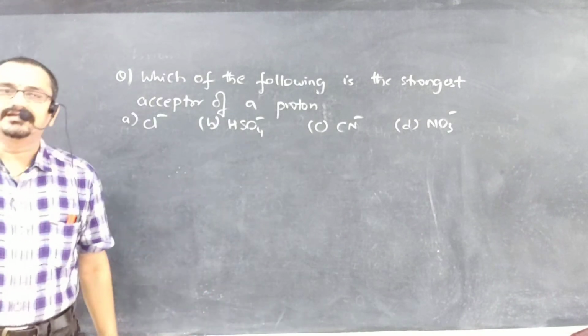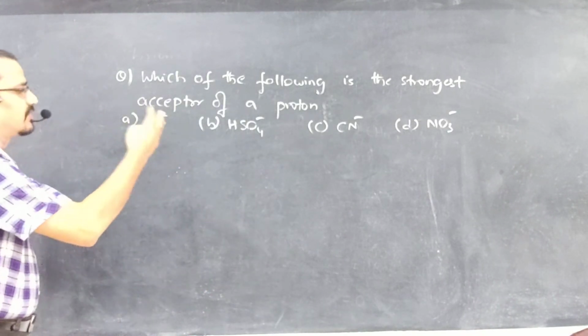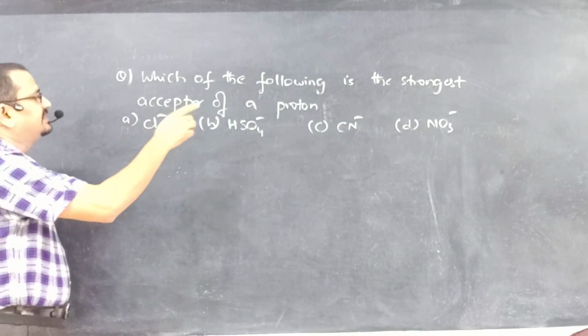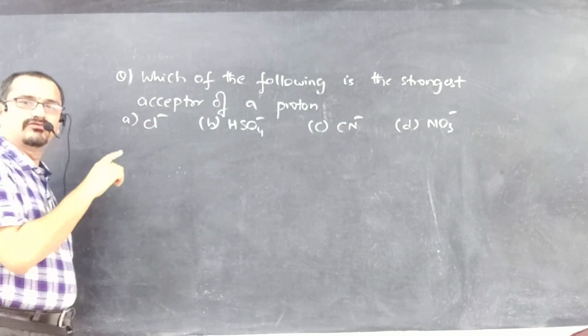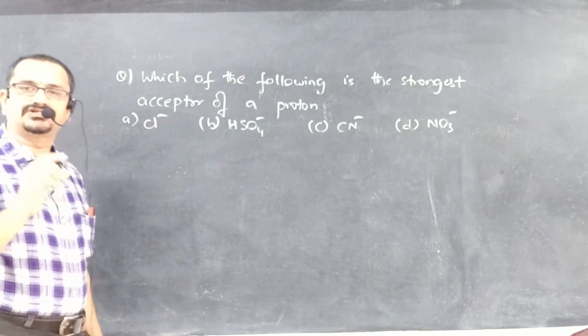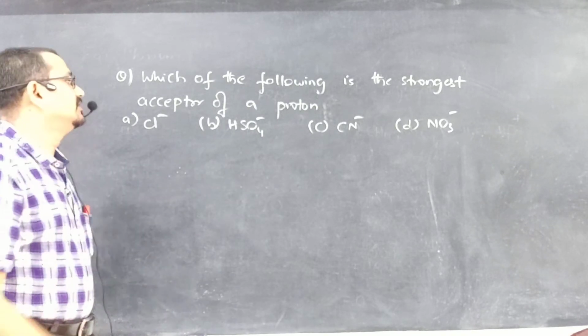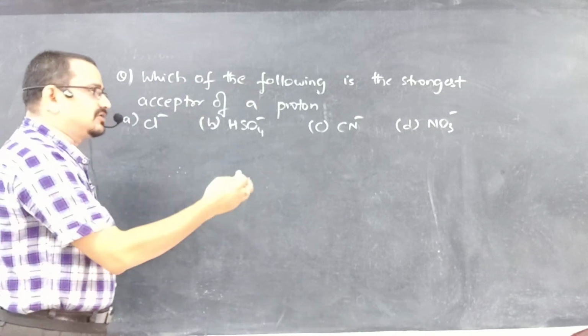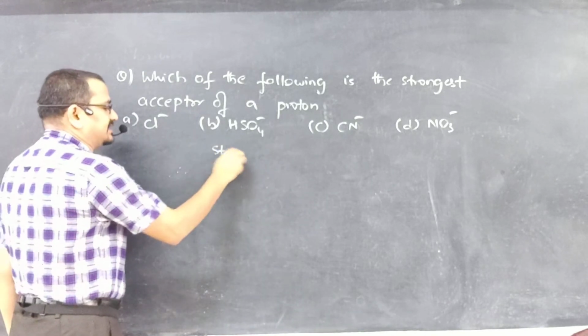This is another question from Bronsted-Lowry theory of acids and bases. Which of the following is the strongest acceptor of a proton? Means Bronsted base. Strong conjugate base, they are asking.